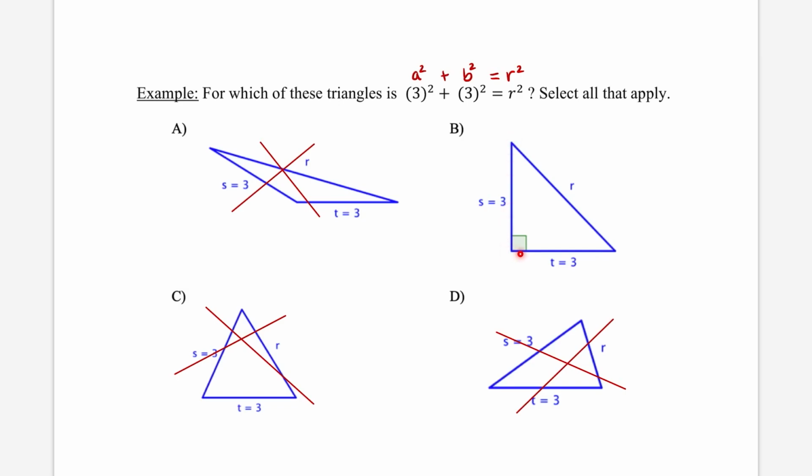The two legs are the two sides that create the right angle, so one of them is A and the other one is B. The hypotenuse is always C. So if I use the Pythagorean theorem here, I'll take A squared plus B squared equals C squared, which is 3 squared plus 3 squared equals r squared, which is this. So my answer is B.